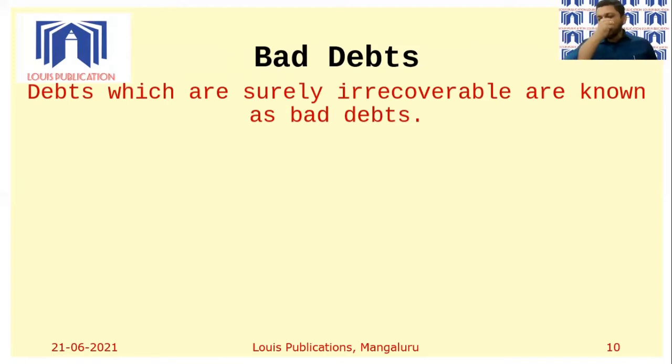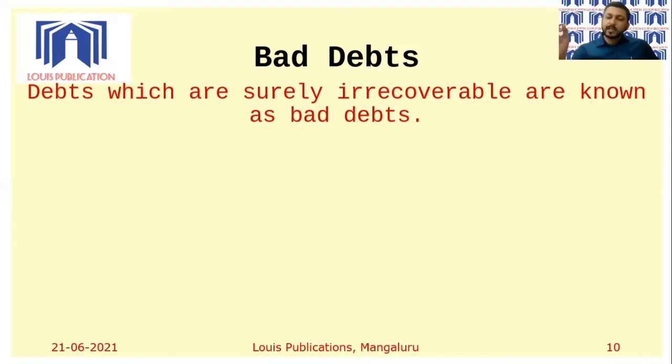Even in case of a bank, you might have heard about the concept called NPA, that is non-performing asset. Bank giving a loan. See, us borrowing a loan is a liability for our business. But when the bank is giving a loan, from the bank's point of view, the loan is an asset.